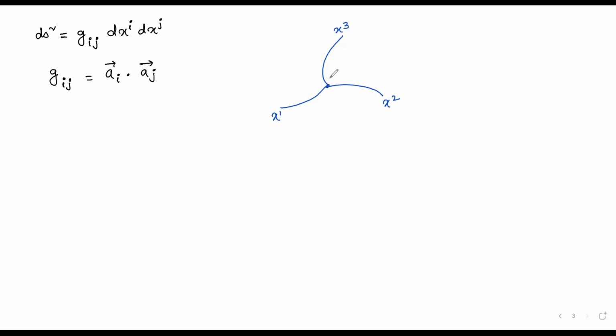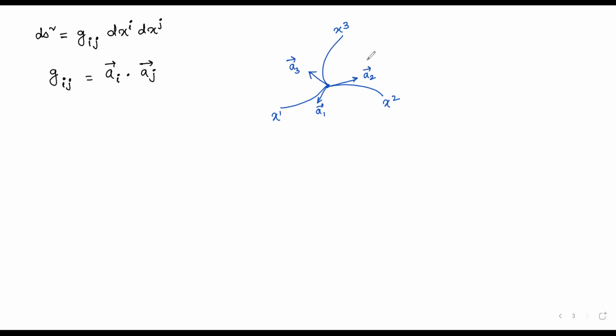Okay, at this point, what is the direction of A1? A1 is directed along this. So this is A1 vector. What is the direction of A2? A2 is directed along this. This is A2 vector. What is the direction of A3? A3 is directed along this. So this is A3 vector.